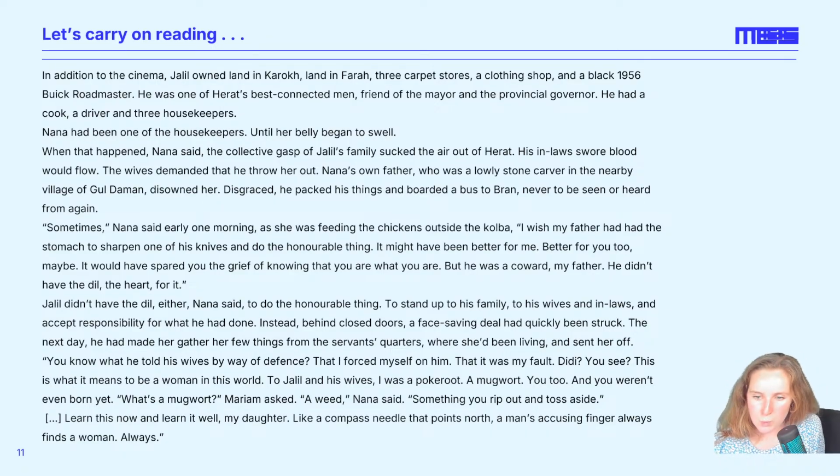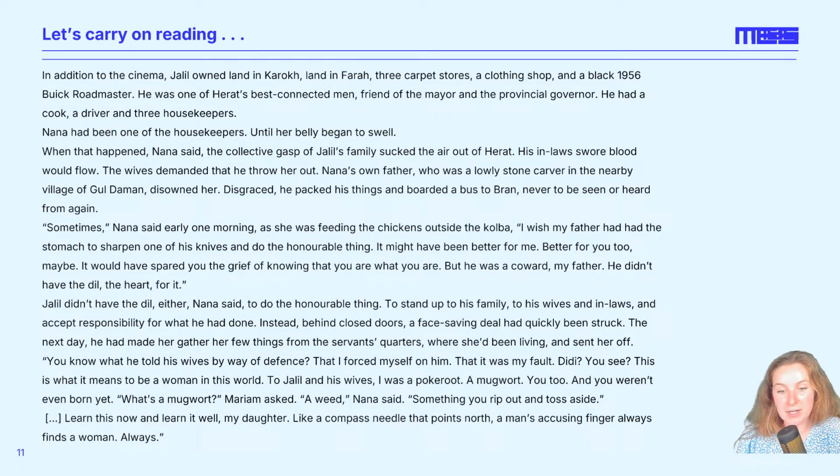His in-laws swore blood would flow. The wives demanded that he throw her out. Nana's own father, who was a lowly stone carver in the nearby village of Guldaman, disowned her. Disgraced, he packed his things and boarded a bus to Iran, never to be seen or heard from again.